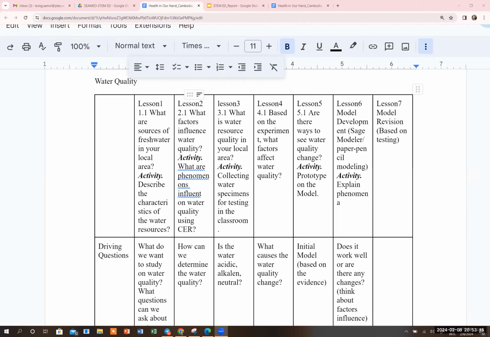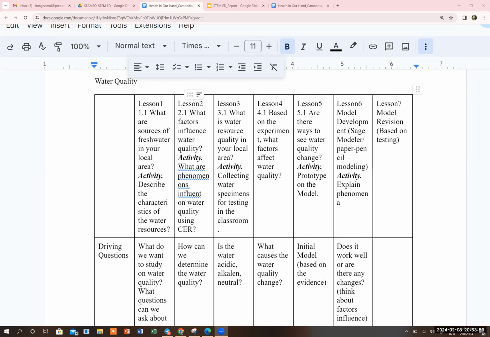Normally now we have only 4 hours for fresh water, so we are going to expand into 8 hours of lessons. For example, lesson 1 will integrate general ideas that focus on the water sources in our context, and let them describe the characteristics of the water sources.